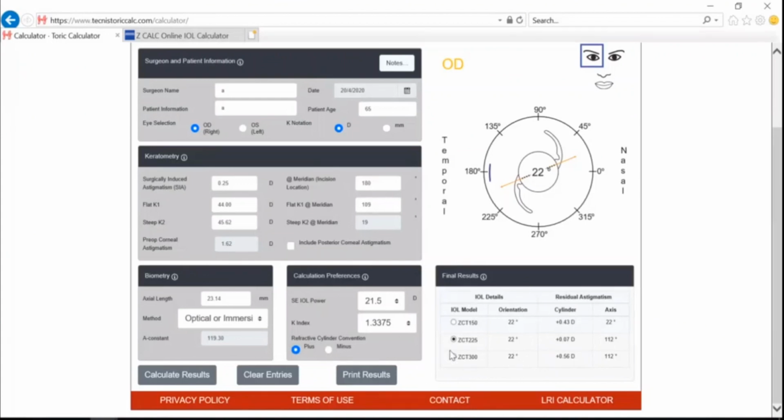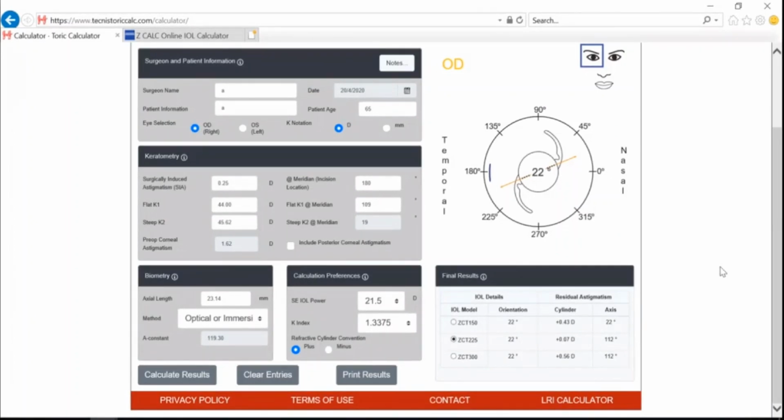So the other consideration is the shift in astigmatism. Generally what happens is that most patients start with with the rule astigmatism, and as they age, it drifts towards against the rule astigmatism, right?